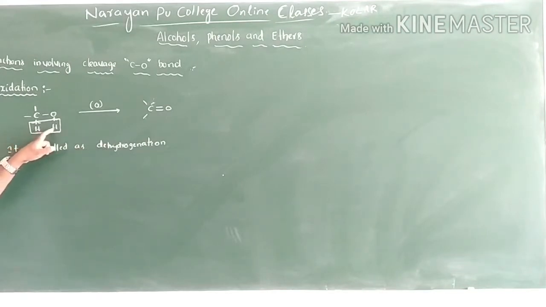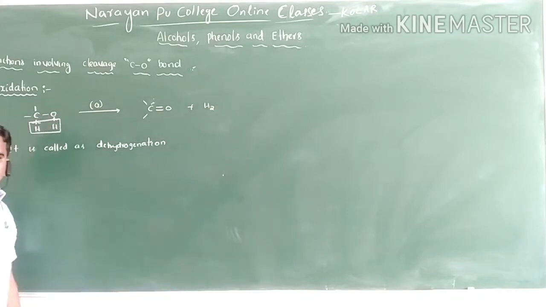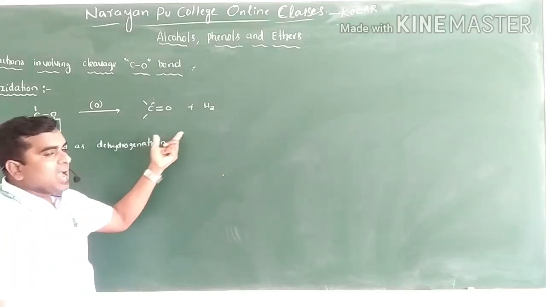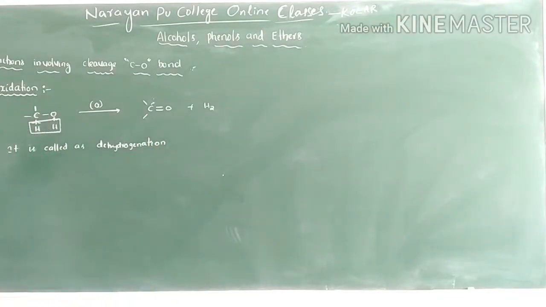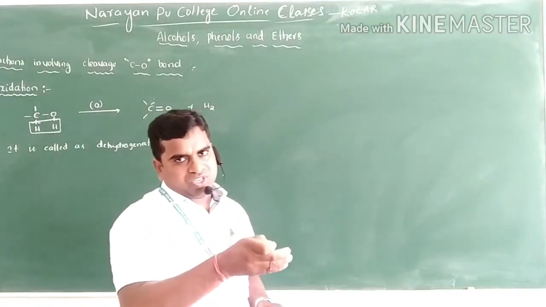We are removing the H and H, so we are removing H2. That is why the oxidation of alcohols can also be called dehydrogenation.